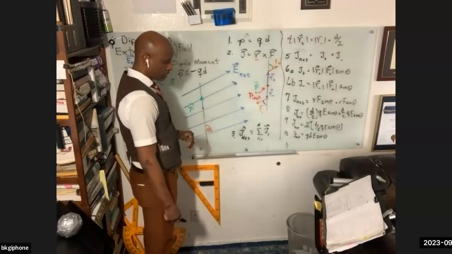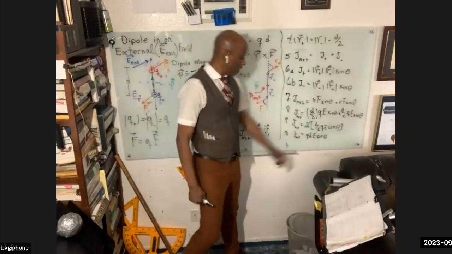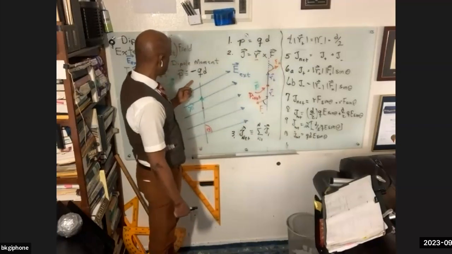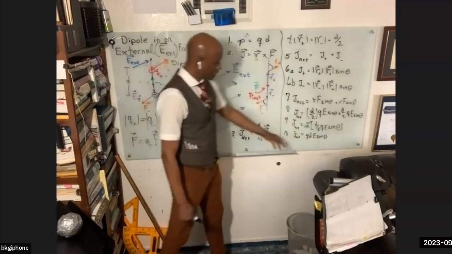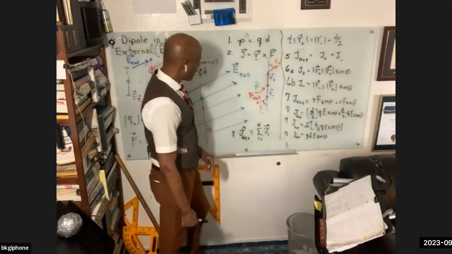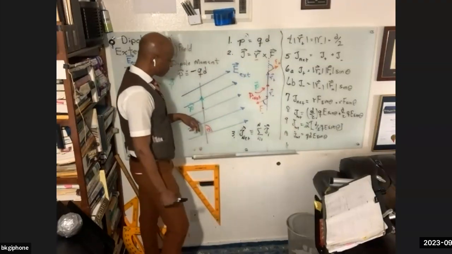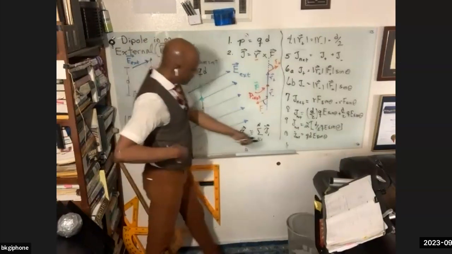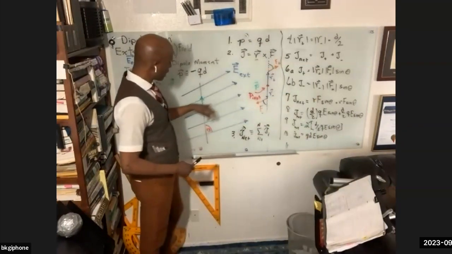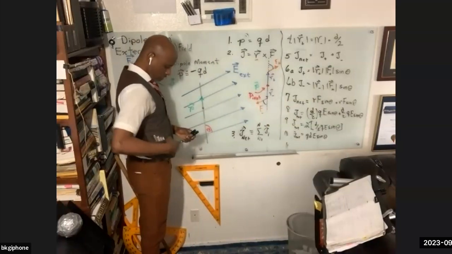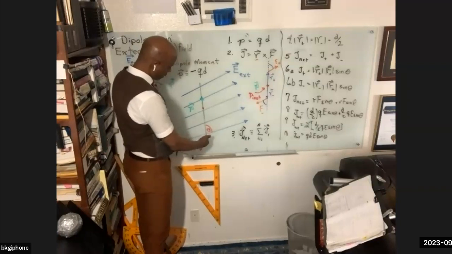Let's evaluate that. When you take a look at this, you see the QD is equal to the magnitude of P, and of course E is E. And if you look back at the dipole moment, you realize that the angle theta is the angle between R and F, but it's also the same angle between P and E. We showed it here.